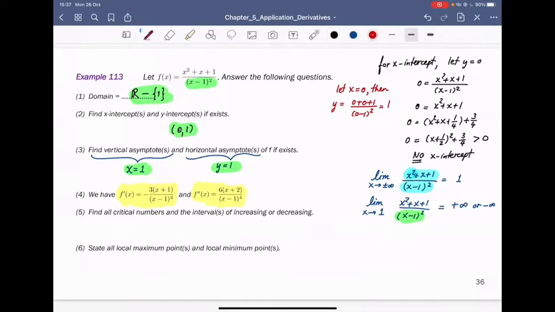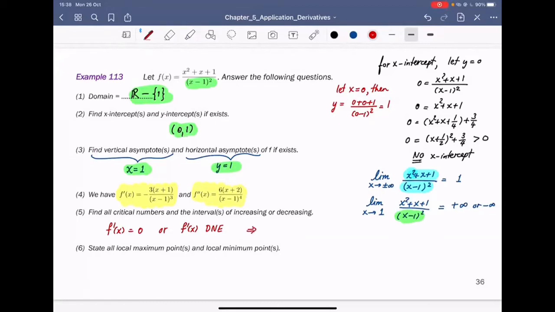So our critical number is what? We're going to compute f prime of x equal to 0 or f prime of x does not exist. Usually we just do f prime of x equal to 0, but for this question, it is a fraction, so we need to include the point where f prime of x does not exist. So at what value of x can we have the first derivative equal to 0?